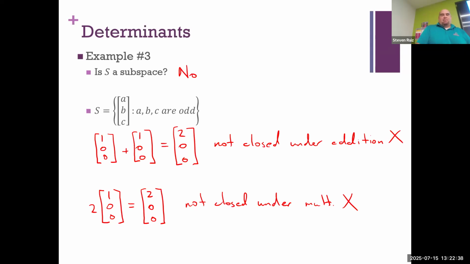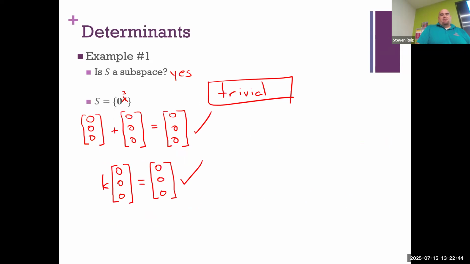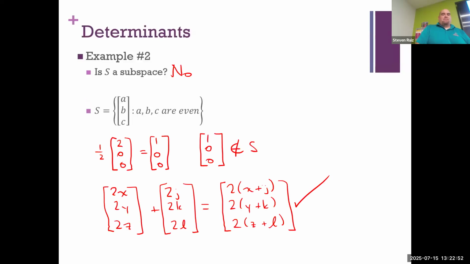One thing that hasn't really come up, so I'll go revisit here. The 0 vector had to be in this subspace, right? Is the 0 vector in this set? It's not a subspace. You sure?